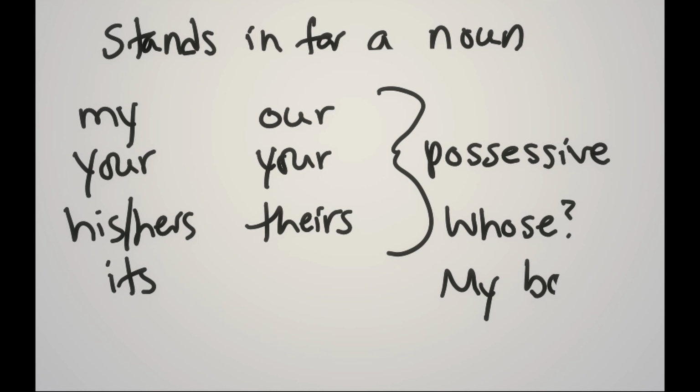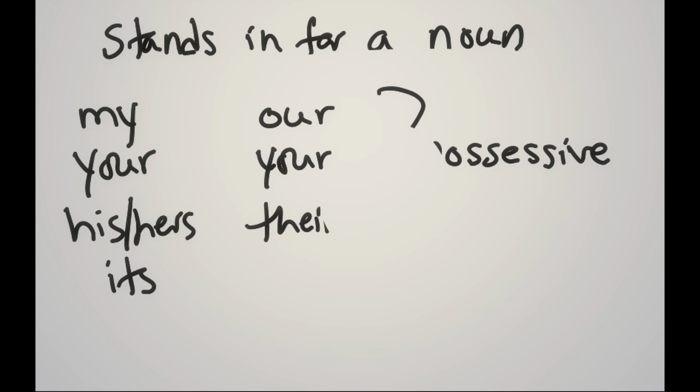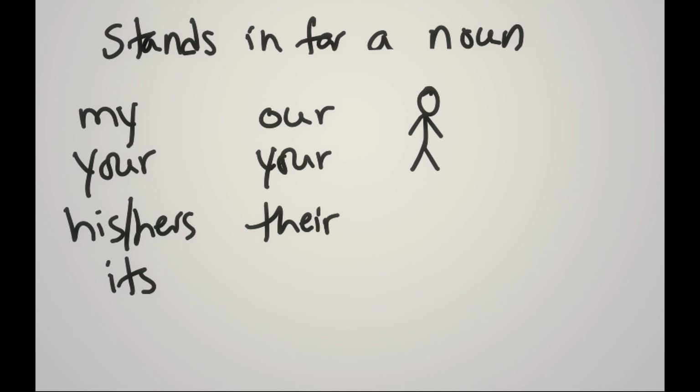Alright. So we're going to use these in some example sentences. But there is one last thing I would like for you to know, and it's very simple. Let's say that this little figure is me, and this little figure is you.